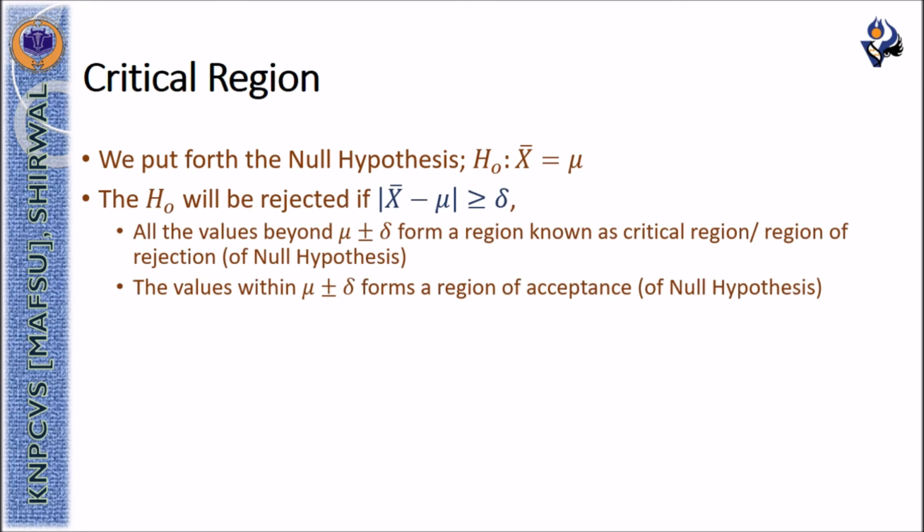The null hypothesis will be rejected if the difference between sample mean and population mean is equal to or greater than delta. All the values beyond mu plus or minus delta form a region which is known as critical region or region of rejection. The values within mu plus or minus delta form a region of acceptance.